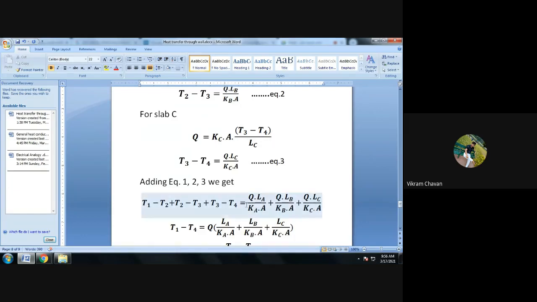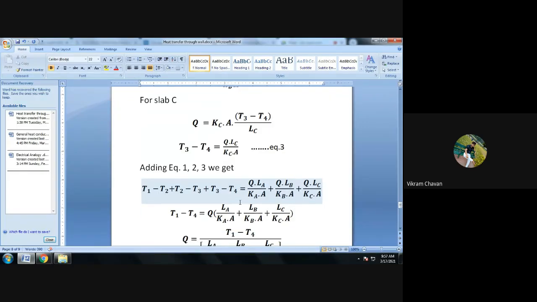Now here minus T2 plus T2 will be cancelled, minus T3 plus T3 will be cancelled. From the left side, the only remaining part is plus T1 and minus T4, so T1 minus T4 only.